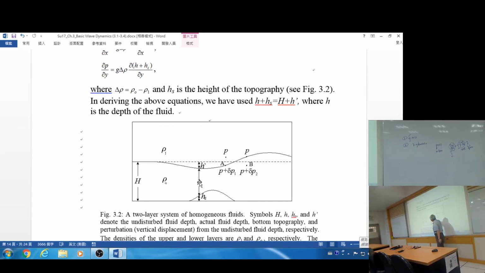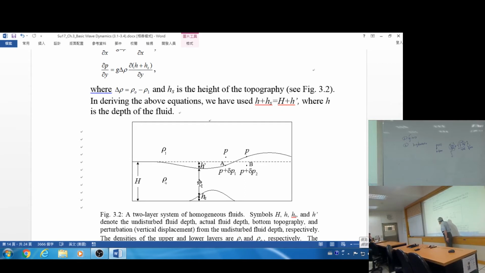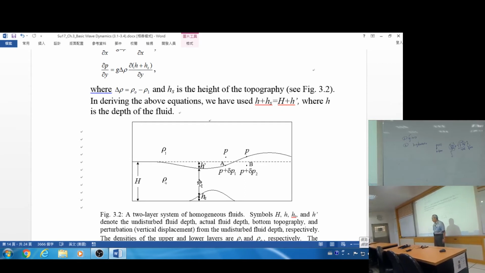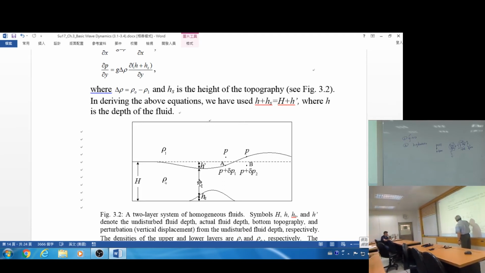And then here is H prime, that's the perturbation from the undisturbed water depth. So this water depth far away from the mountain is not disturbed. So this capital H minus this will be this H prime.